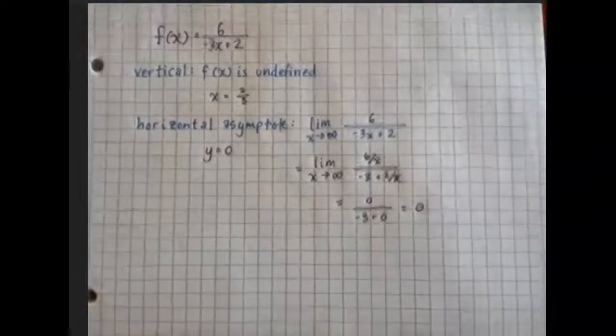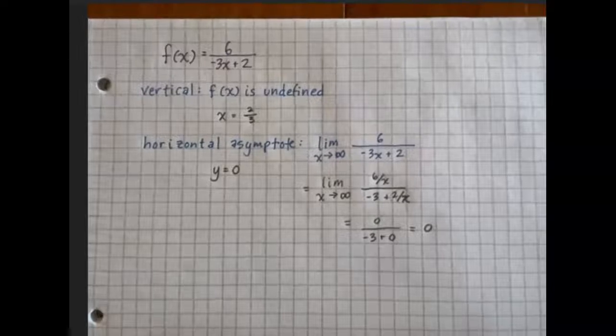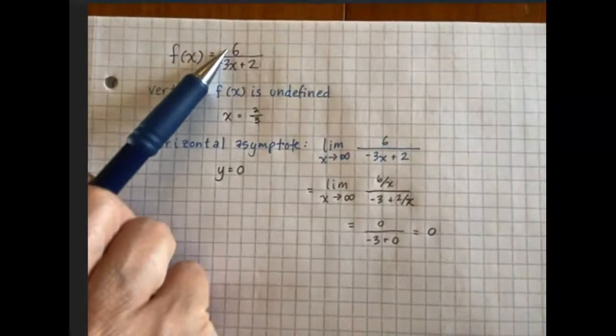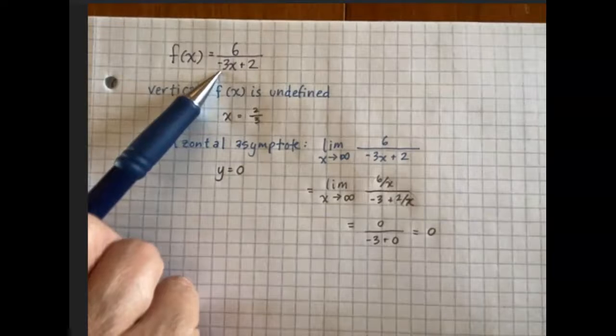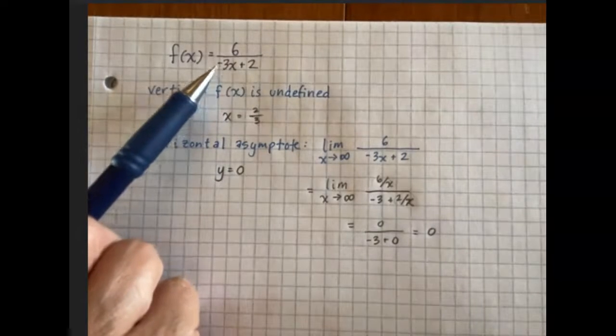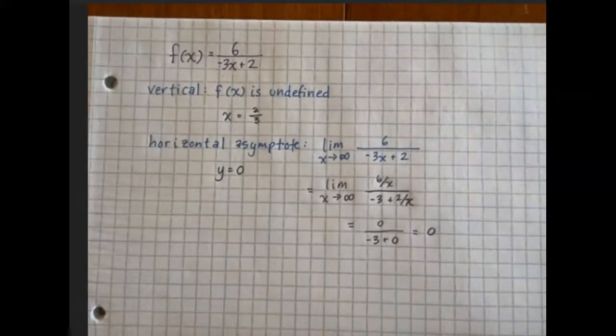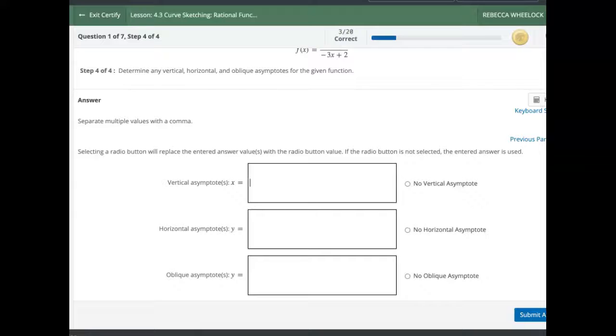Now, the oblique asymptotes only occur where the degree of the numerator is 1 higher than the degree of the denominator. Shoot, I still can't say that. The degree of the top is 1 bigger than the degree of the bottom. So that you can do some division, and I'll show you that in the next example. They're friendly enough to show us x equals and y equals here so that we don't have to fill that out.